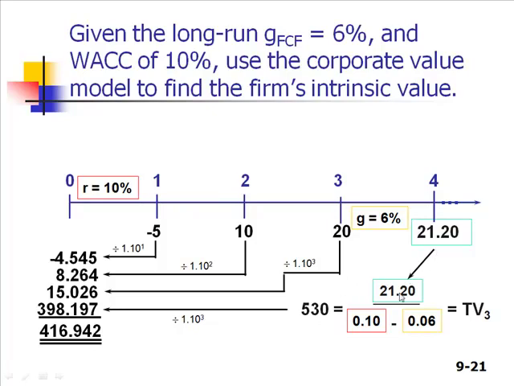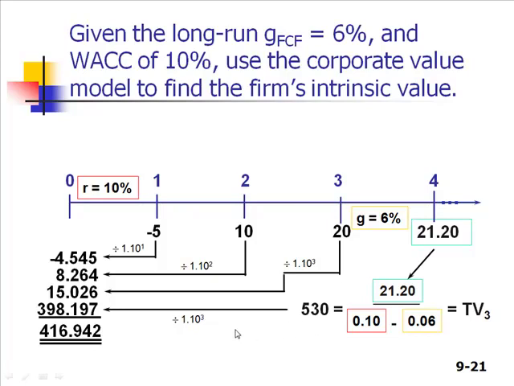So the next cash flow is 21.2, and we divide by the required return, which is the WACC of 10%, minus the 6% long-term growth rate. So you'd have 21.2 divided by the difference, which is 0.04, and that would be 530. And again, these numbers are in millions, just to keep that in mind. So 530, and that's what you could sell the entire firm for at the end of year 3.